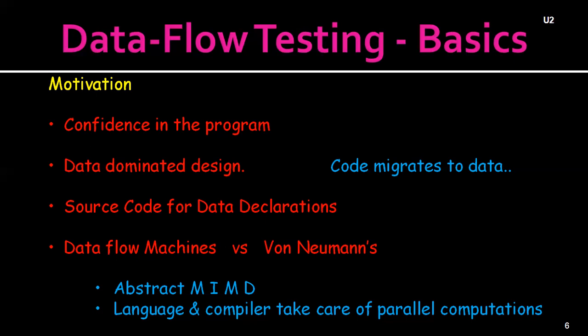Then we have to store the results in the memory or register. Then we have to increment the program counter, that is, find the pointer to the next instruction to be executed. Then again, we go to the first step, that is, fetch the instruction from the memory. Again, the same process is repeated in von Neumann architecture in a sequential fashion.